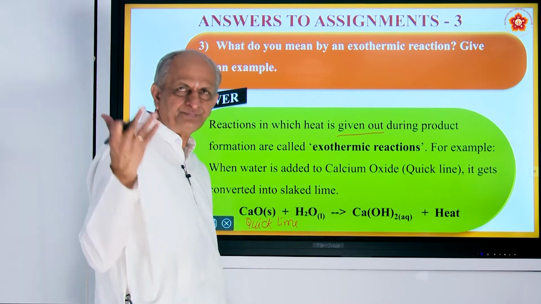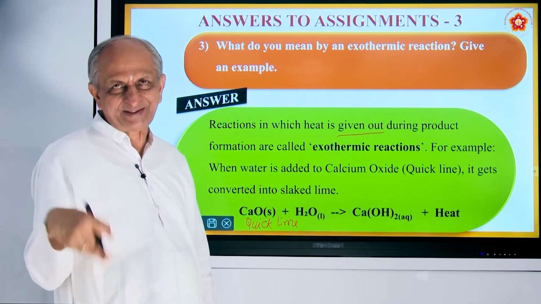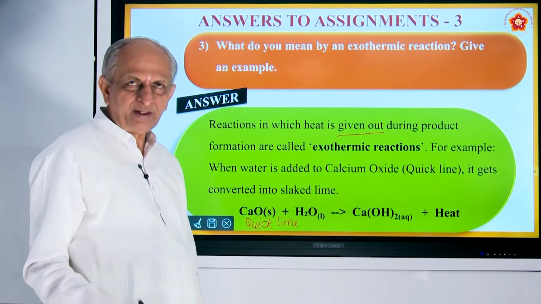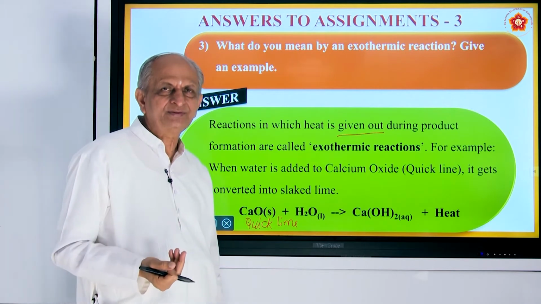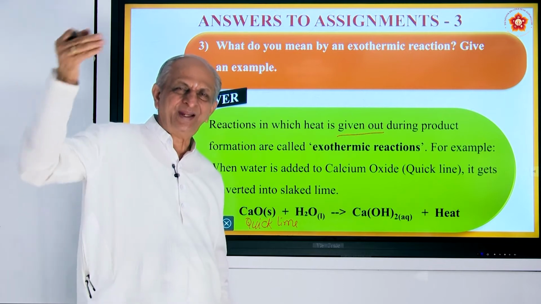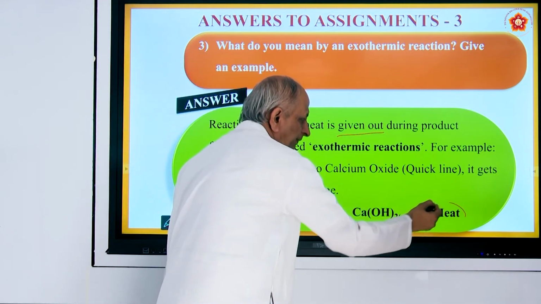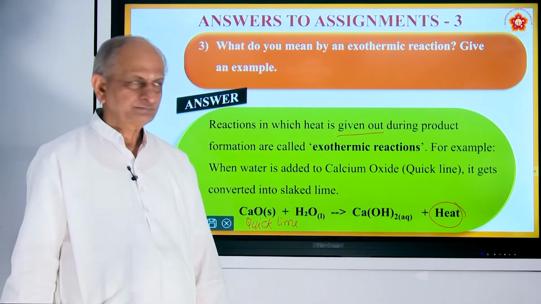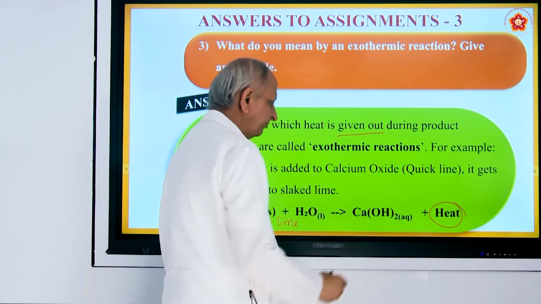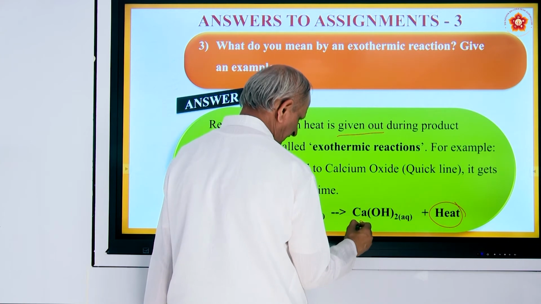They bring some lime, quicklime, from the market, put it in a usually earthen pot or any other waste pot. To that they add water and there will be evolution of heat. So calcium oxide becomes calcium hydroxide, and that you call slaked lime.